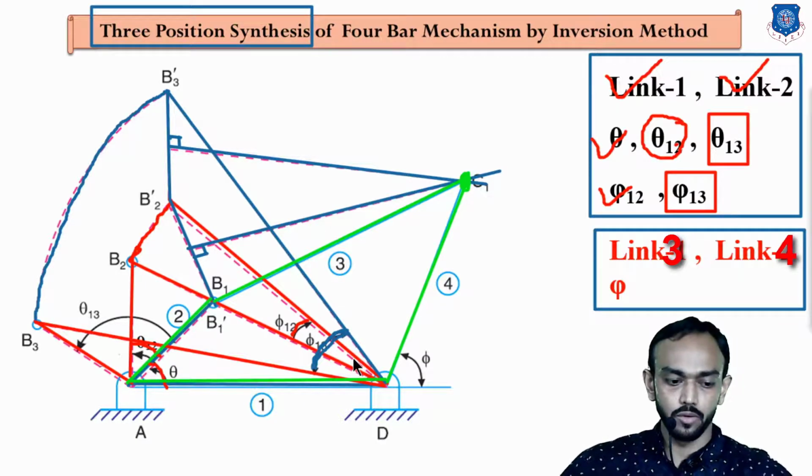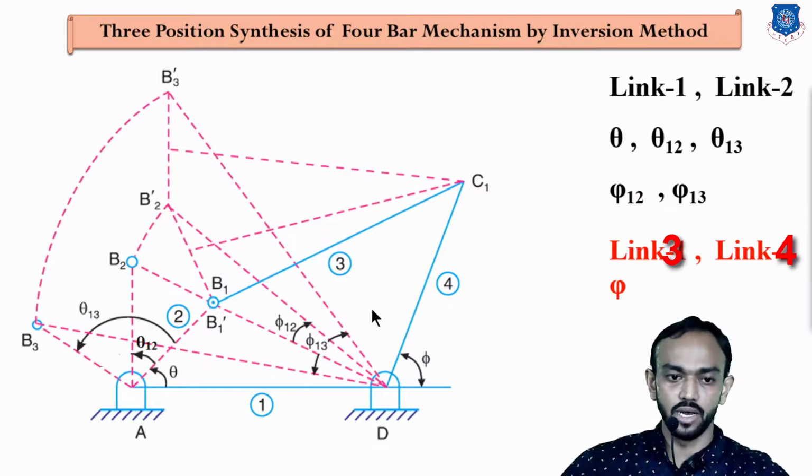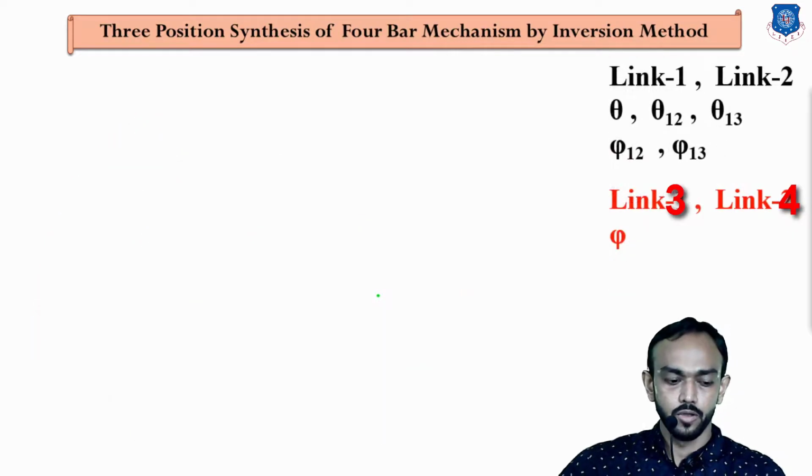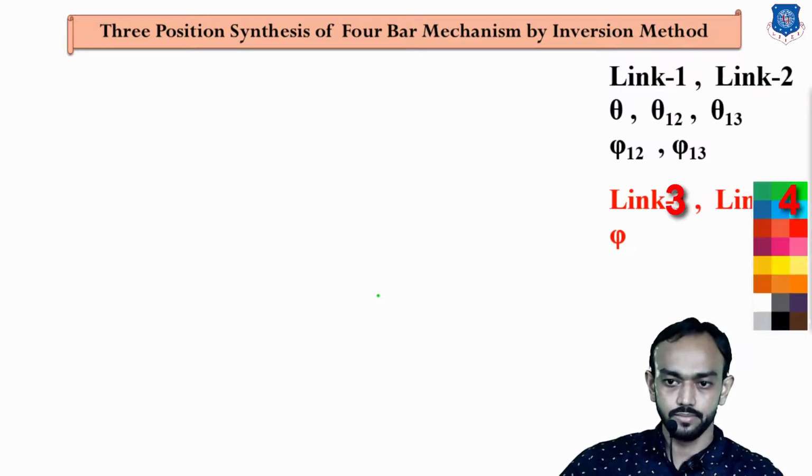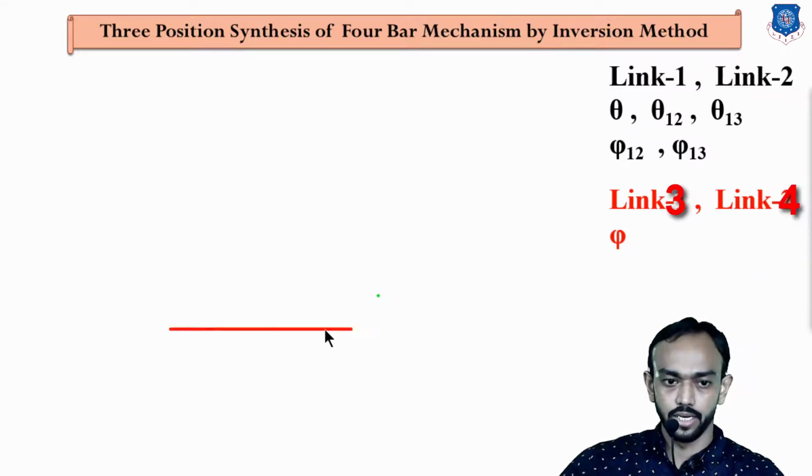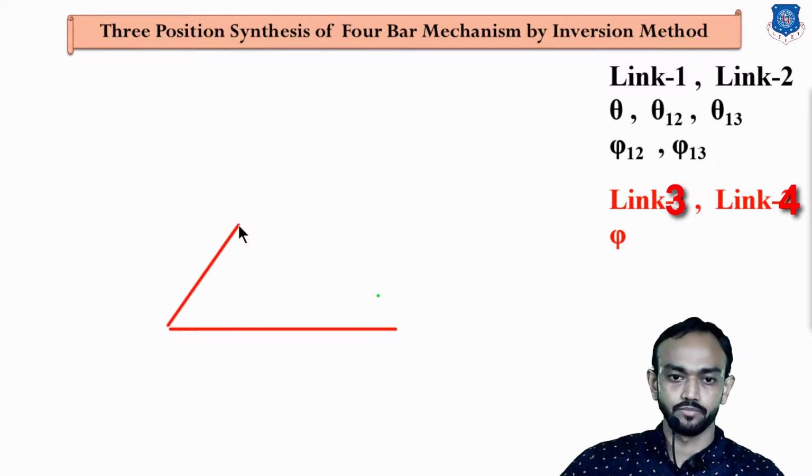Okay, I am going to revise all this again. Check this. What we are going to do, first of all, link number 1, after that link number 2, we have this angle theta here, the theta angle is given. Okay, theta is used.